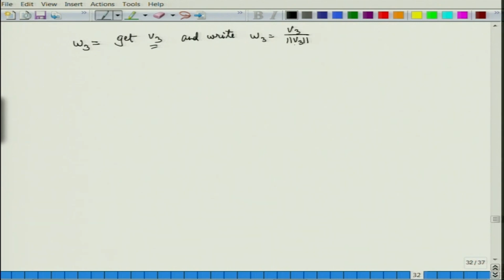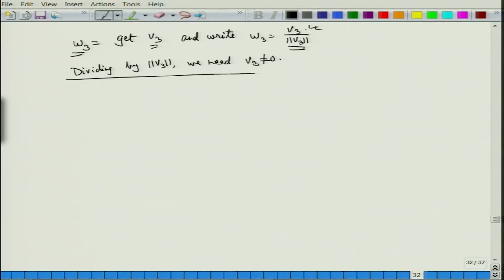Since I am dividing by length of V3, we need V3 to be non-zero. So let us try to prove this part also. If I want to get W3, I have to get V3 first, and I have to show that whatever V3 I get, that should be non-zero.